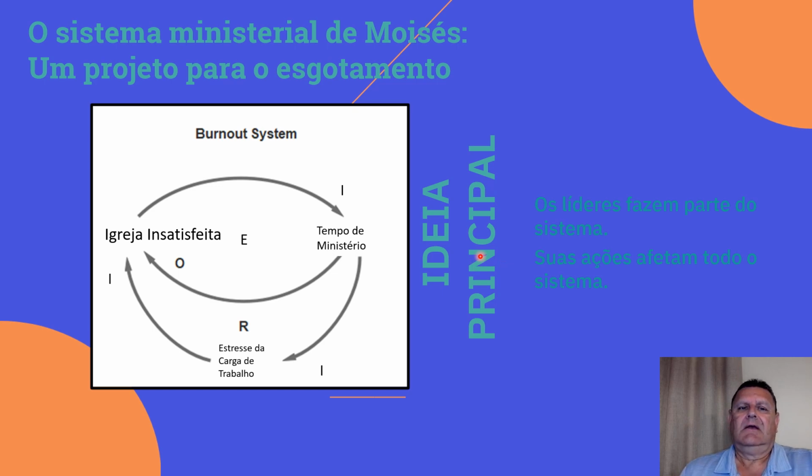So here's an example of a Moses ministry system, and this comes from Exodus 18, where Moses was spending more and more time working to meet the needs of the people. This causal loop diagram has two loops. It has a balancing loop with congregational dissatisfaction and ministry time, and then it has a reinforcing loop with ministry time, stress, and dissatisfaction. The point of this is simply to show you how causal loop diagrams work.